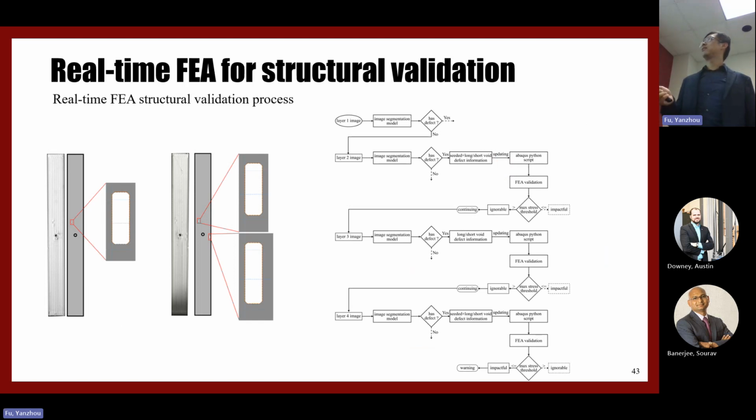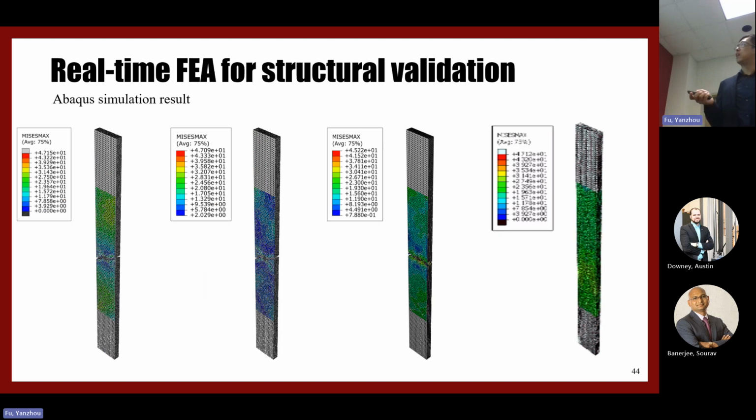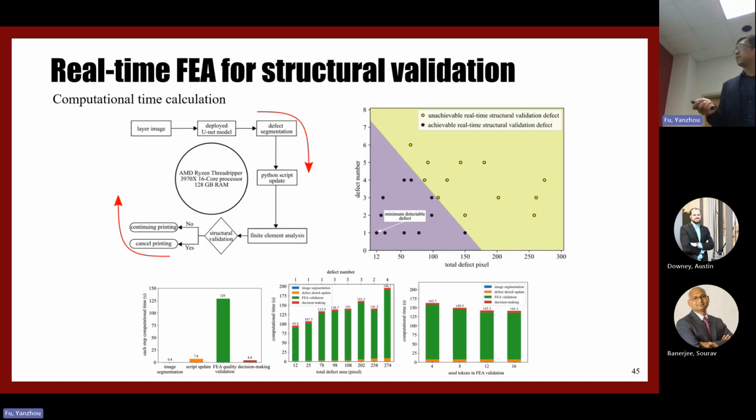We calculate how many defects are on one layer and the total defect area. Those are the two variables, and as you can see here, the computational time varies, but it's not just related to the total defect area. It also relates to the number of defects.